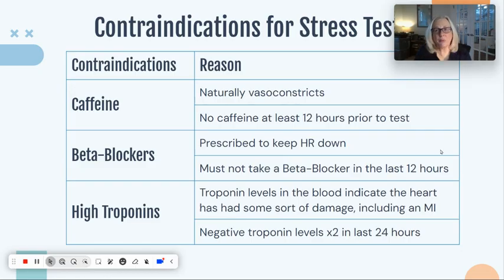If they have high troponins, it typically means that they've already had some sort of stressful event to their heart. We're not going to stress them more. So we need to make sure their troponins are negative times 2 in the last 24 hours. Say they arrived at the emergency department with chest pain. They were mowing their lawn.